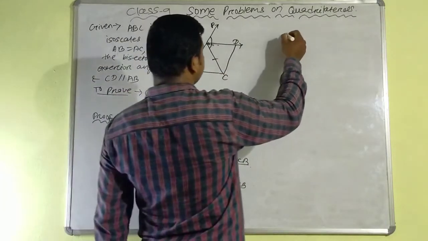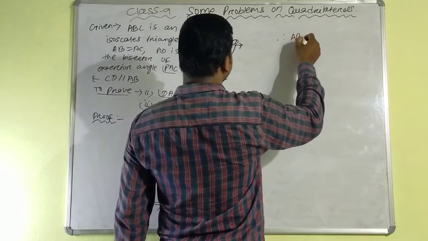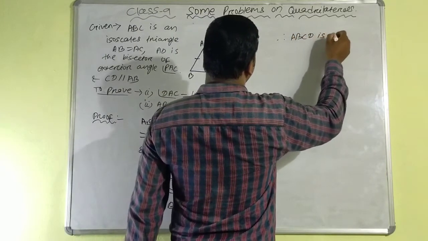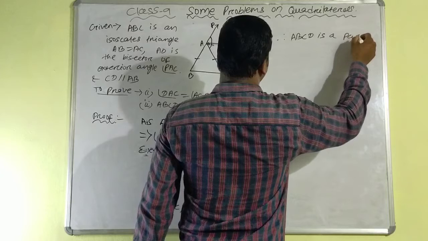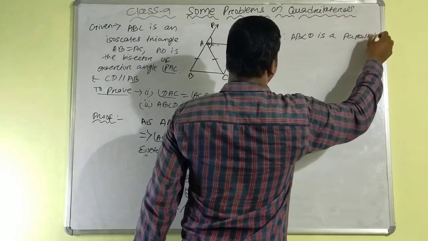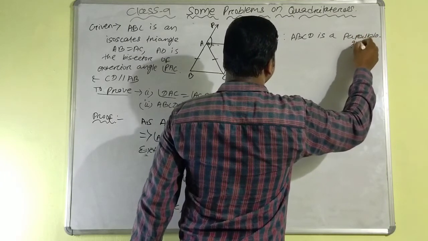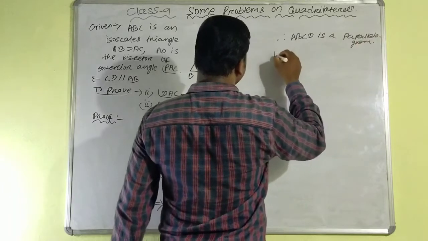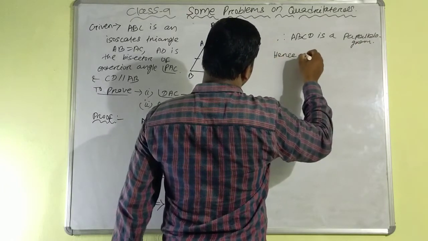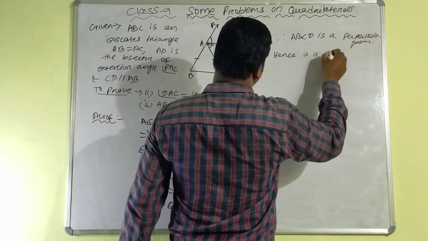Hence we will write therefore ABCD is a parallelogram. Hence it is proved.